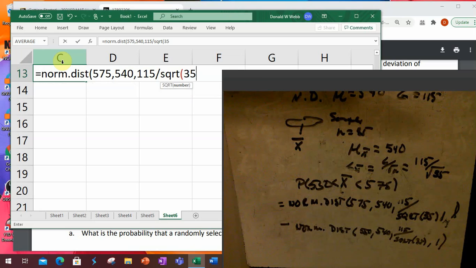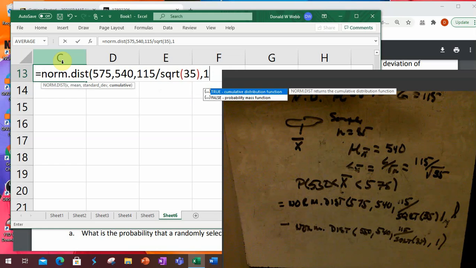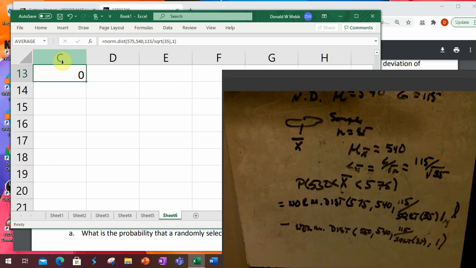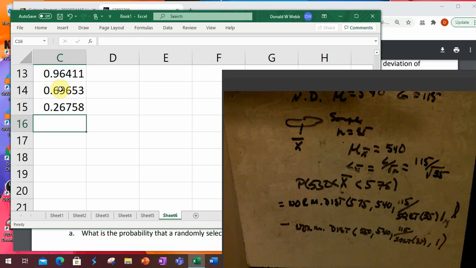The size was 35, and then I finish it up with the true, always accumulate. That would be the area to the left of 575. This would be the 550. I want to change this number to the 550. That would be the area to the left of the 550. And then the area between the two is just the big area minus the little area. And that's what this all would be. I could do this all on one line. I could do this minus.